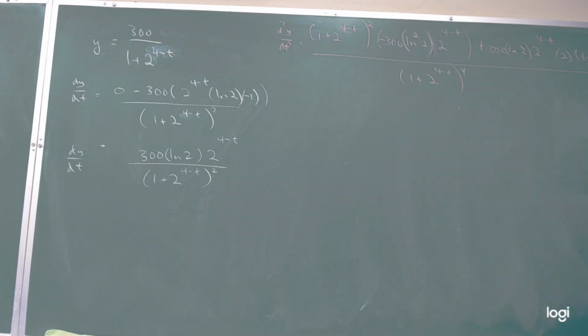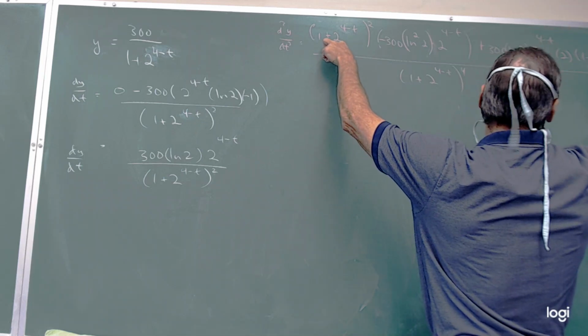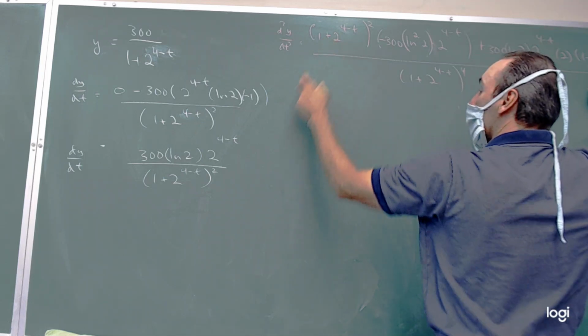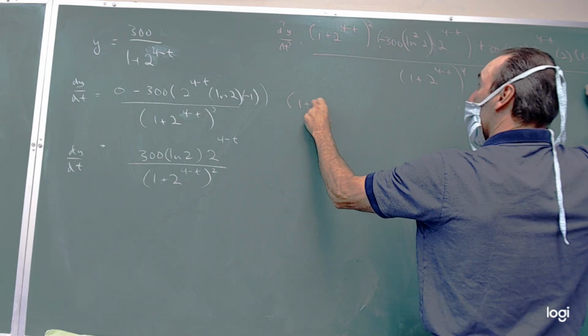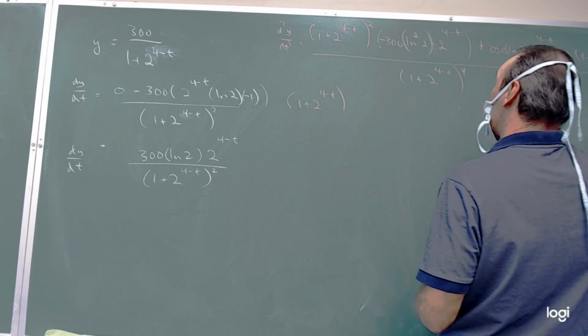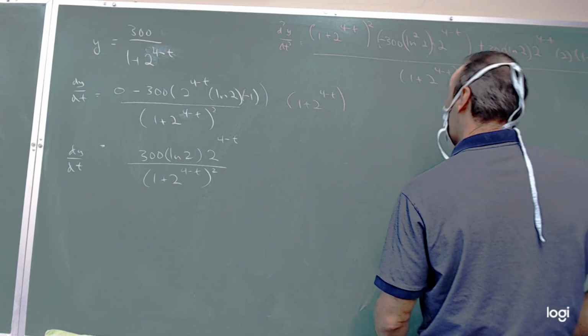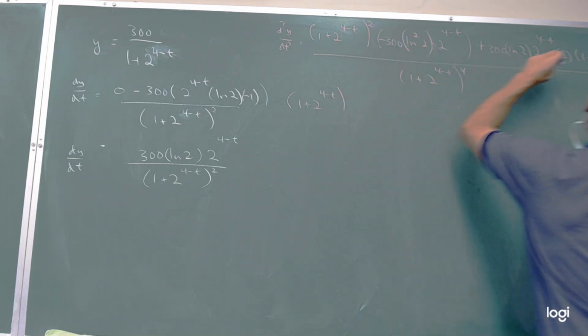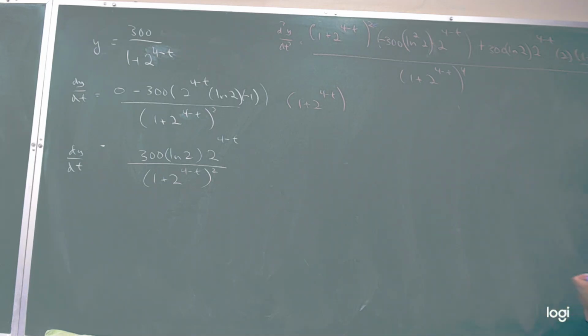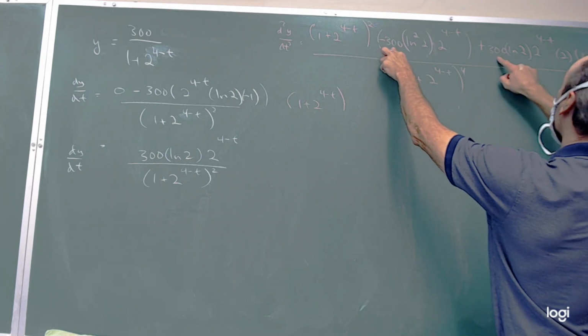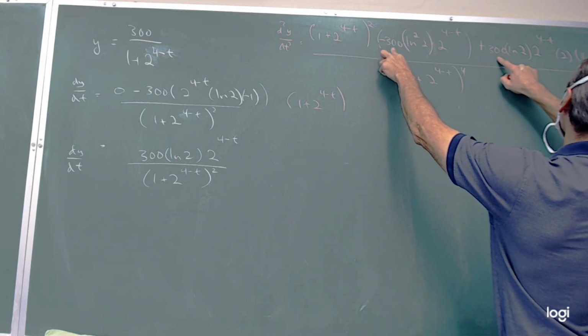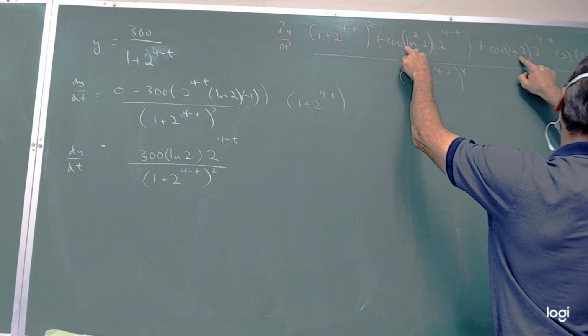Now, in the numerator, let's see if we can do some factoring. Good grief. There certainly ought to be a lot we can factor out. So we certainly have a 1 plus 2 to the 4 minus t in both of those. So I'm going to pull out one of those, 1 plus 2 to the 4 minus t. Is that okay? So I'm going to keep track of that. That's going to take care of one of those. For constants, it looks like we've got a 300 in both cases, and a natural log 2 in both cases.